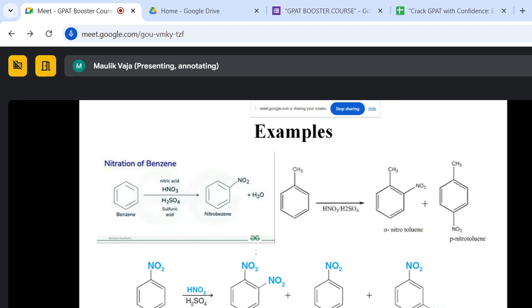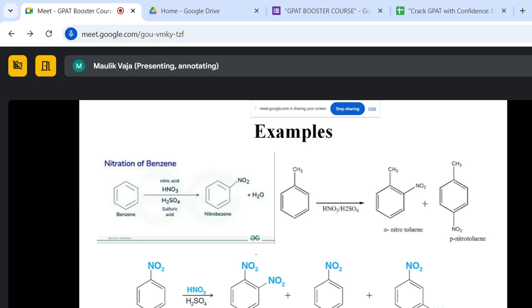Because electron donating groups donate electrons, the ring is easily available for the electrophile. We are learning about electrophilic aromatic substitution reaction, so the electrophile will come towards the ring.